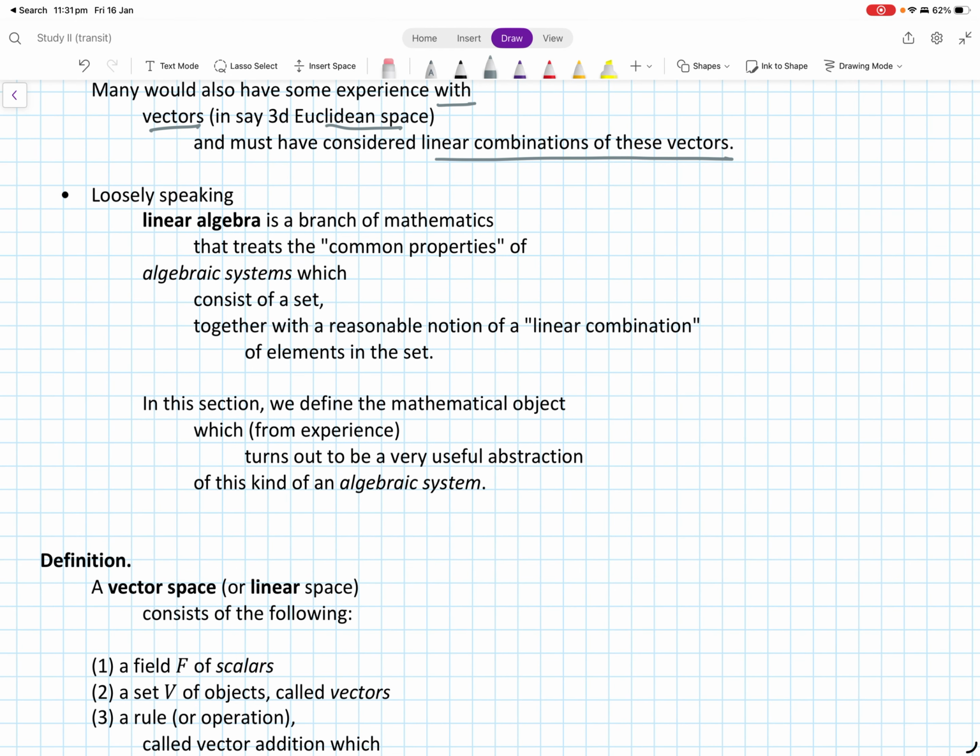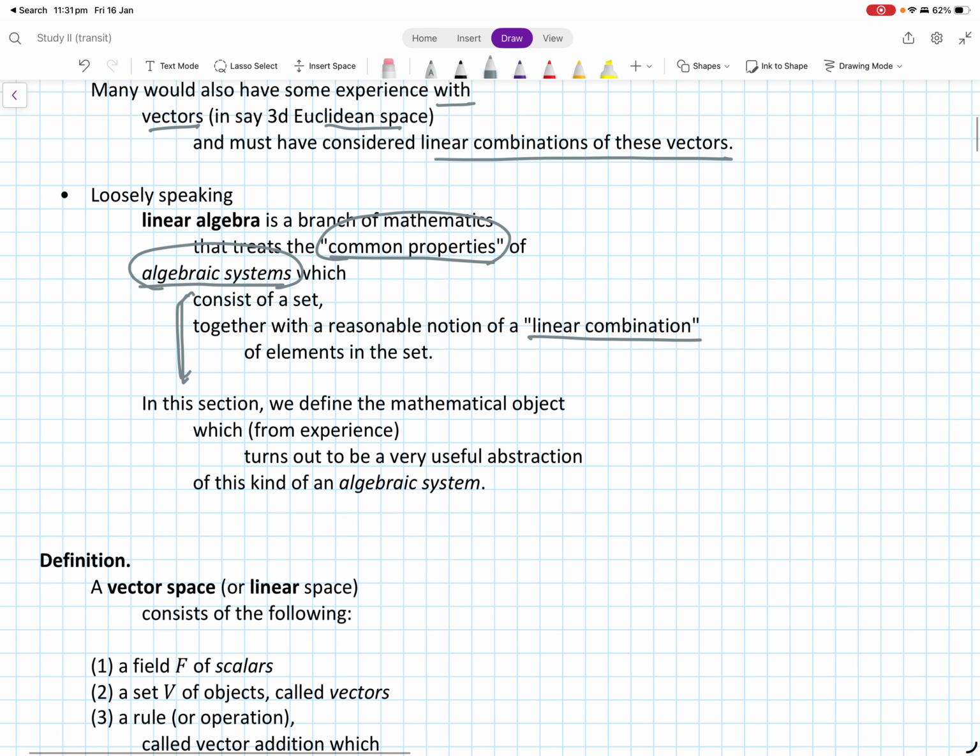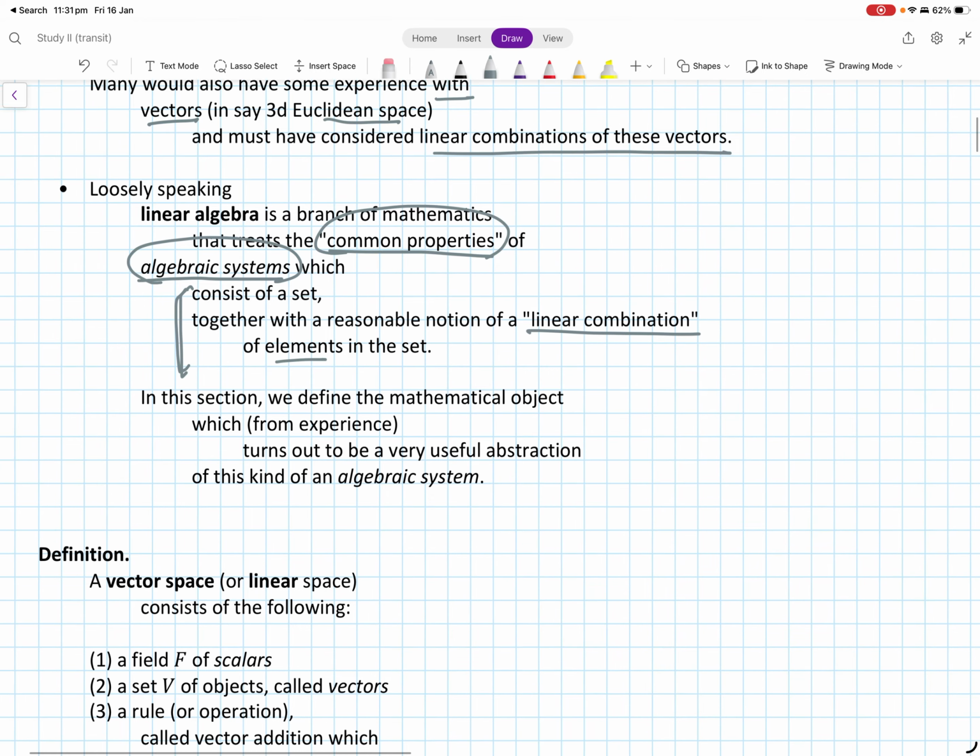And loosely speaking, linear algebra is a branch of mathematics that treats the common properties of algebraic systems, which consist of a set together with the reasonable notion of linear combination of elements in the set. Okay, so we're going to look at common properties of algebraic systems that are of this form, that they have some notion of linear combinations of elements in the set.